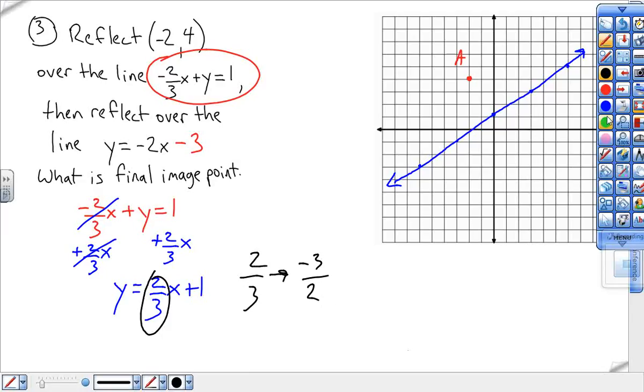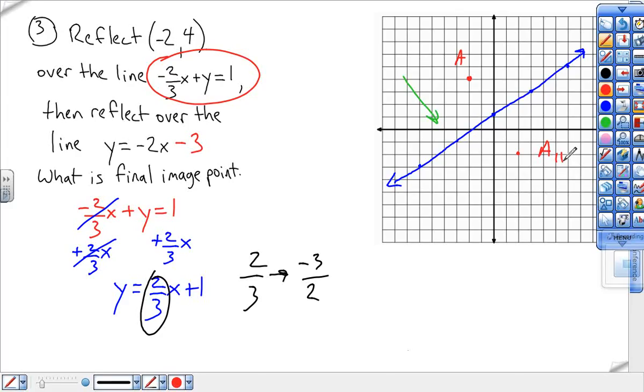Every time I go over 2, I go down 3. Your eye tells you a perfect 90-degree angle directly across that line of reflection, equal distance.